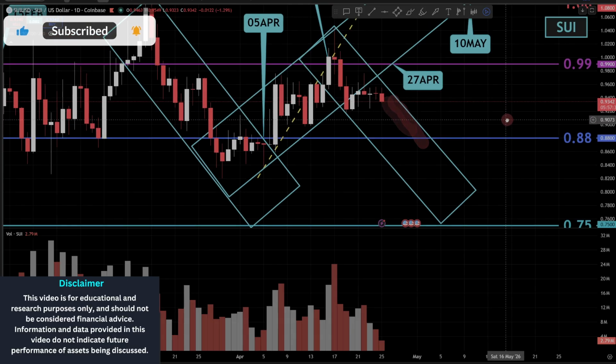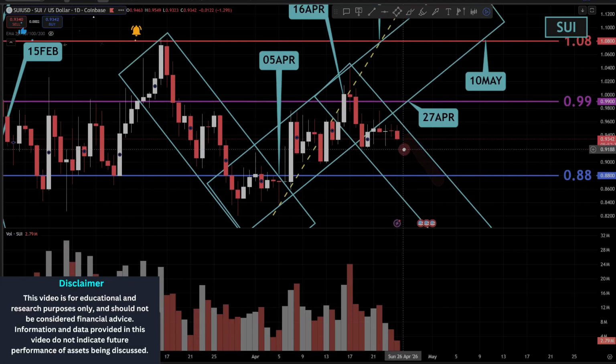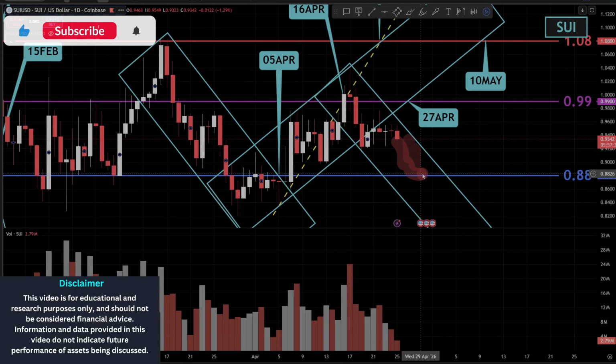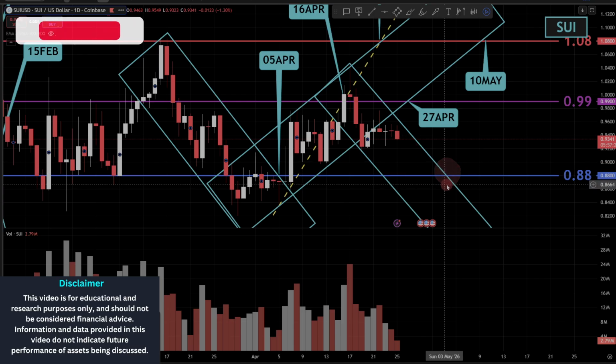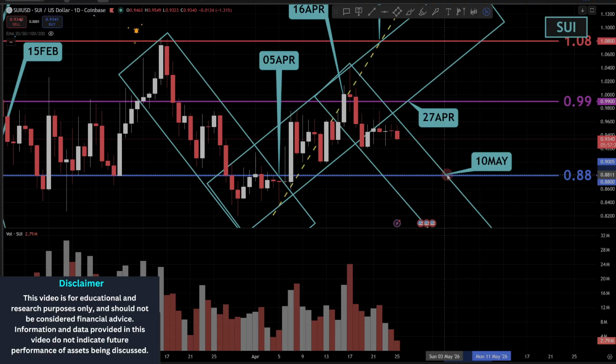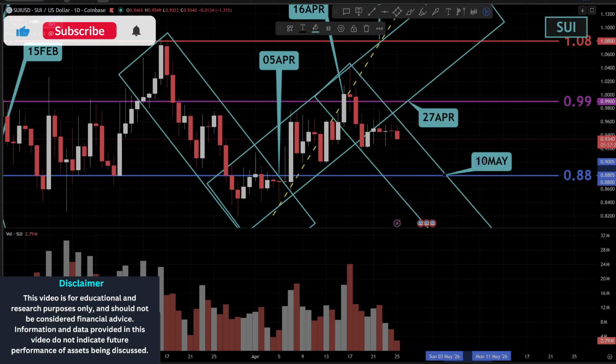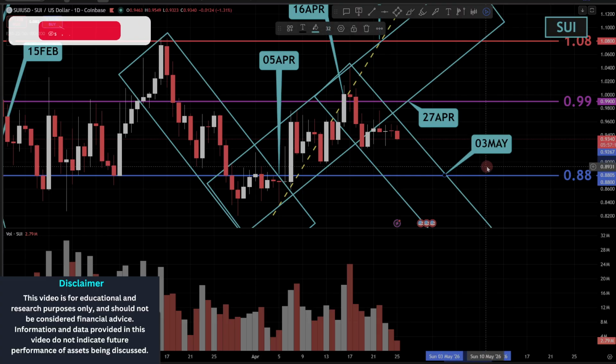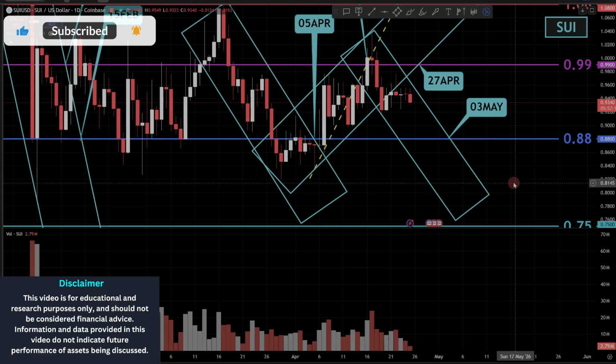That's also a confirmation. If it continues to come down, where this is pointing to, around 3rd of May, let's drag this over here, is where the decision point comes in, the first decision point.